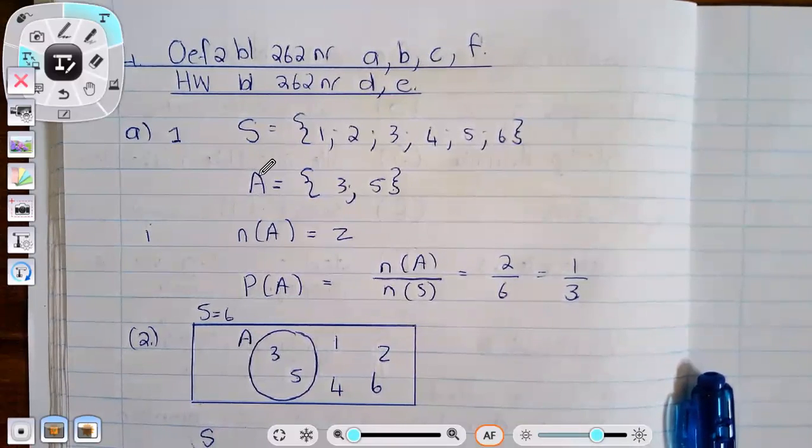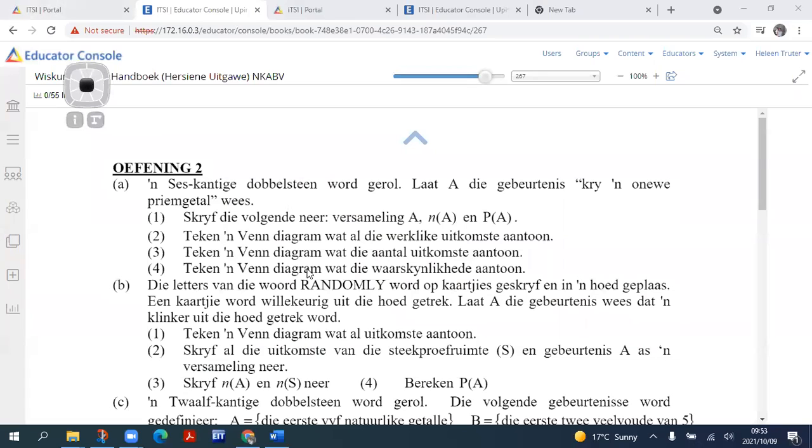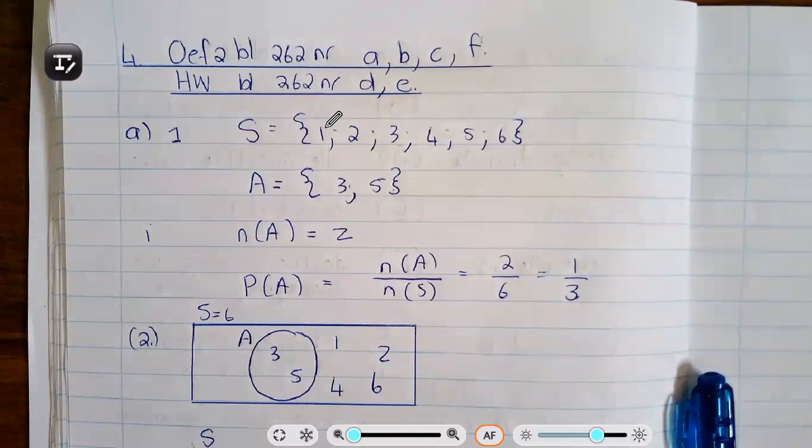So die eerste ding was om die event van A in versameling vorm neer te skryf. So jy moes gekry het 'n onewe priem getal, an uneven prime number. Now remember 1 is not prime. 2 is the first prime number, but it is even, so I can't use that one. 3 is an uneven prime and 5 is uneven prime.